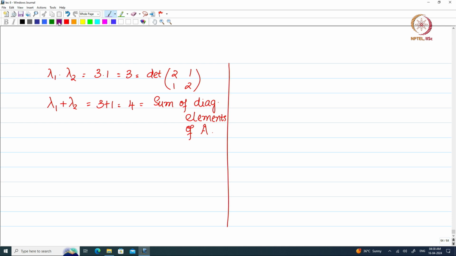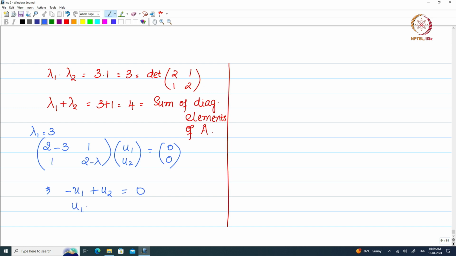Now we can solve the system of equations to find the eigenvectors. For lambda 1 is equal to 3, we have (2 minus 3, 1; 1, 2 minus 3) times (u1, u2) is equal to (0, 0). We have minus u1 plus u2 is equal to 0, and u1 minus u2 is equal to 0, which means u1 is equal to u2.